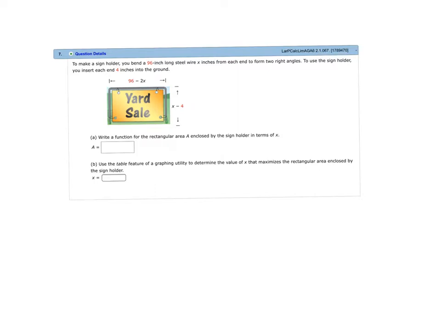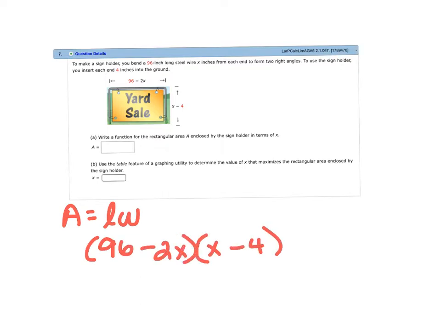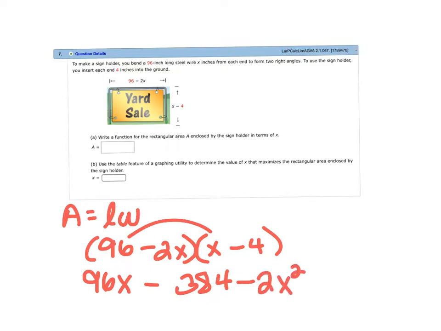This is a rectangle. How do I find area of a rectangle? Length times width. So I had to do 96 minus 2x times x minus 4. So I had to do 96 times x minus 96 times 4, 384, minus 2x squared plus 8x.